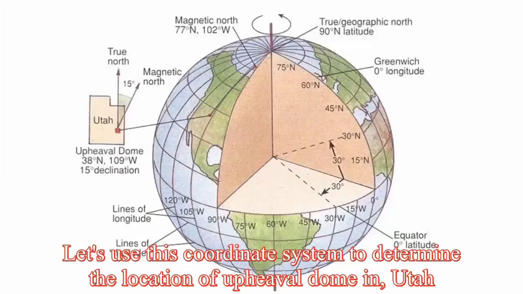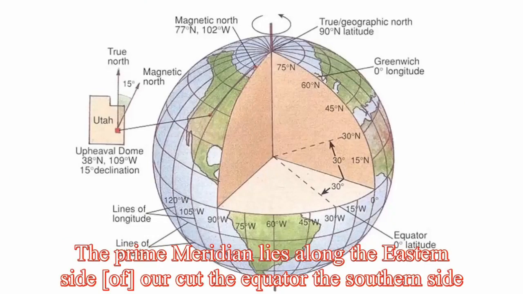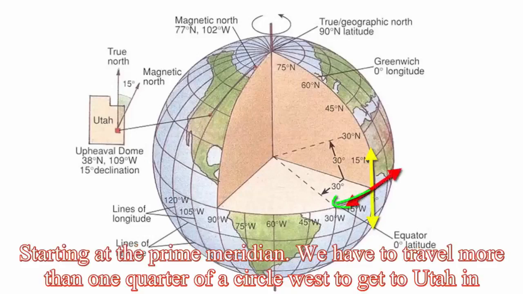Let's use this coordinate system to determine the location of Upheaval Dome in Utah. To help us, we'll cut a section of the Earth away and show angles. The prime meridian lies along the eastern side of our cut, the equator the southern side. Starting at the prime meridian, we have to travel more than 1/4 of a circle west to get to Utah.